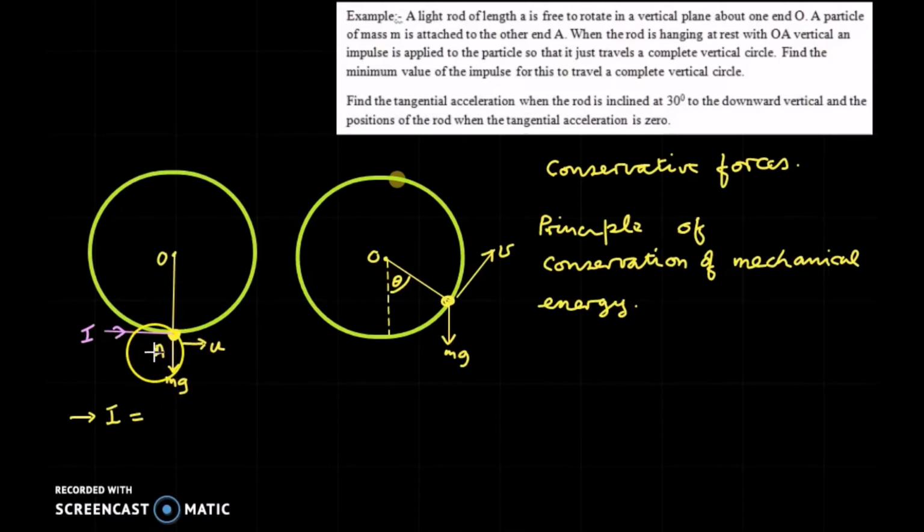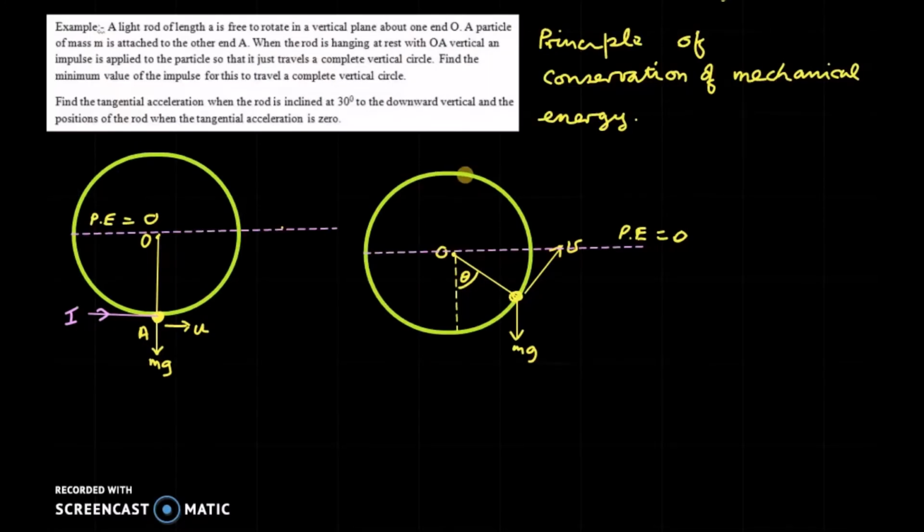Then, after the impulse, the momentum in the horizontal direction is mu. The initial momentum is 0. So the change in momentum is mu minus 0, that is mu. Let that equation be equation number 1.